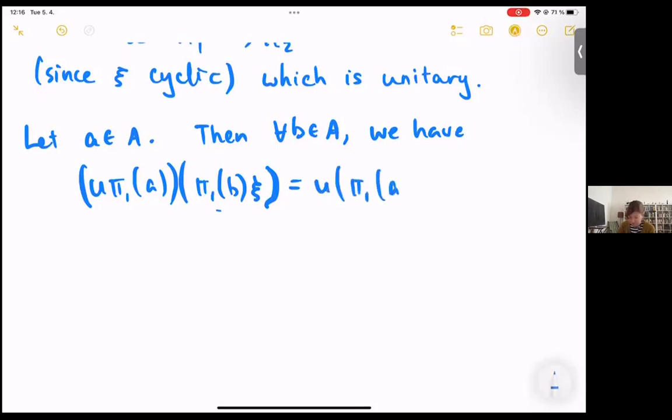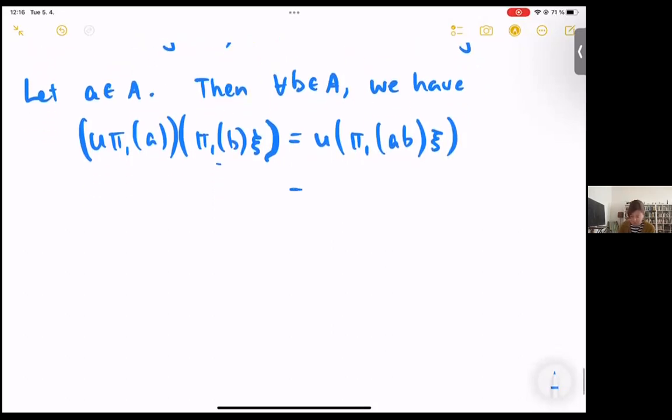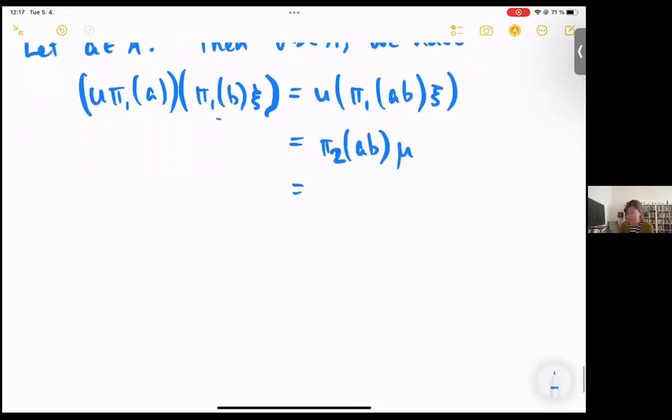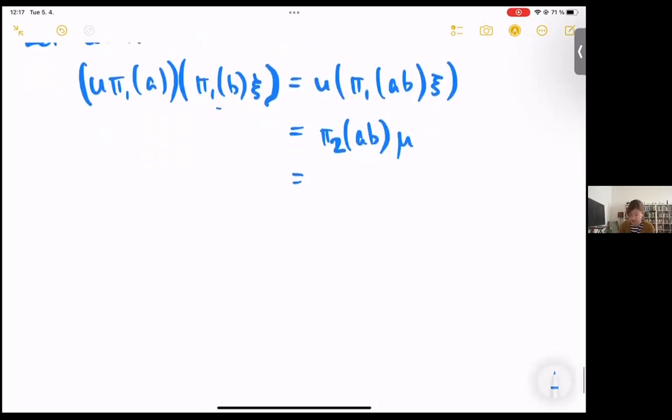Now rearranging things and using the fact that pi 1 is a representation, we have this is u pi 1 a b psi, which now by definition of our map u is pi 2 a b mu. And then we can just take this apart now.